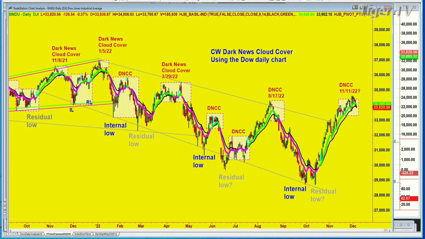So you get the internal low and then the residual low. And in this case, the residual low could be, if it's an earthquake, worse than the original earthquake, but it could be much better. But I like to look at it in the market as something that's happening, and then there's a bounce, and all the internals have already made their technical low. All that's happening is it's an emotional low.